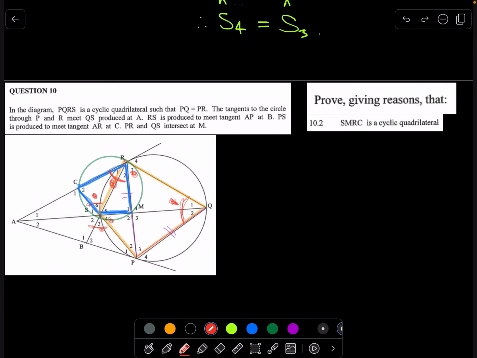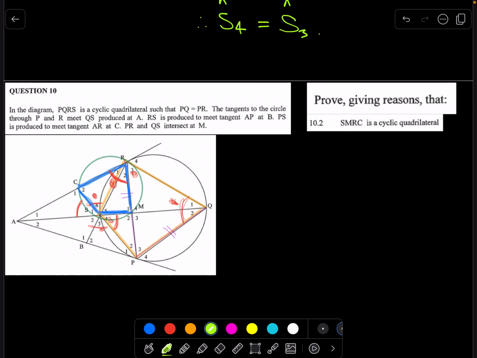Then if I can show that S1 is also dot, then my work is done, because that's the opposite exterior angle of this guy. It is equal to dot because we've shown that S4 is dot and S1 and S4 are vertically opposite. So, as nice and clean as that.